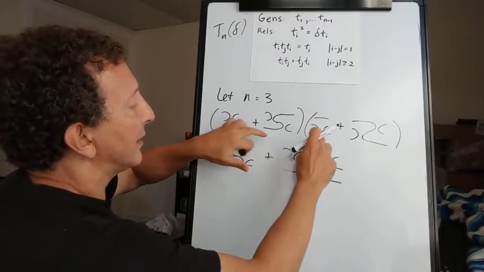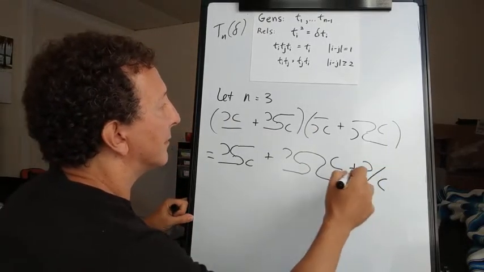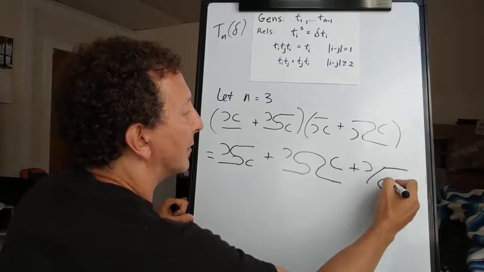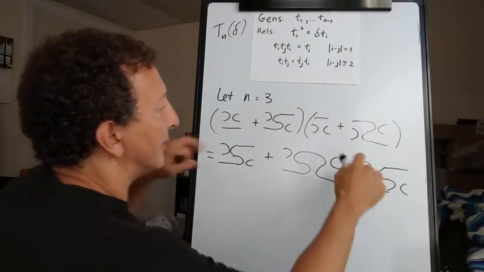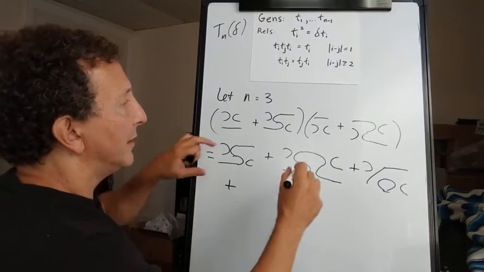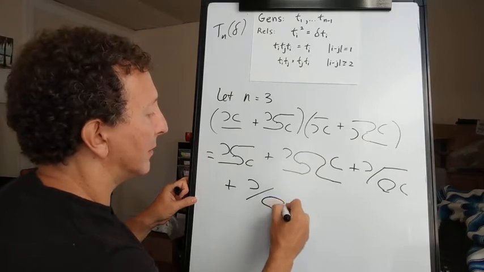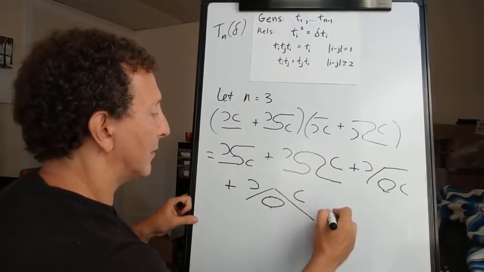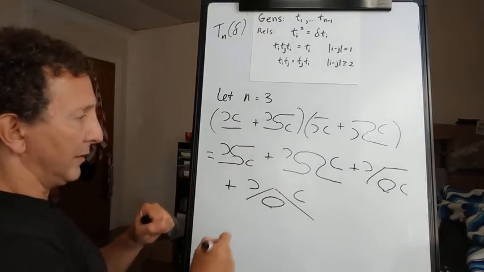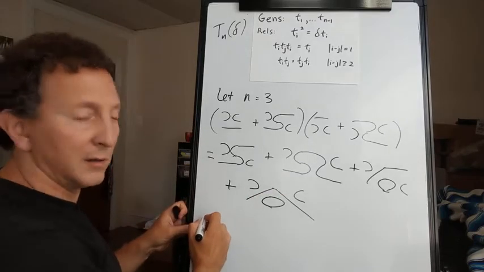Then glue these together and we get this, and then finally glue those two together and we get this, and then pull all the ropes tight.